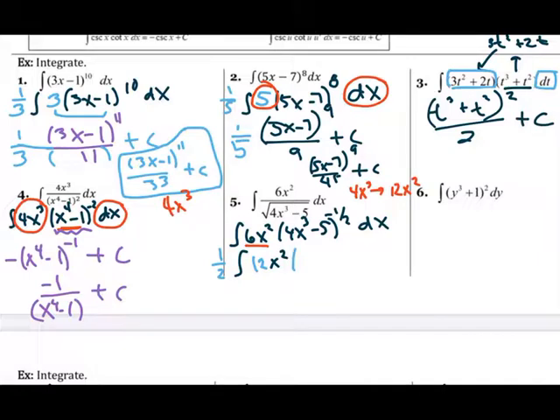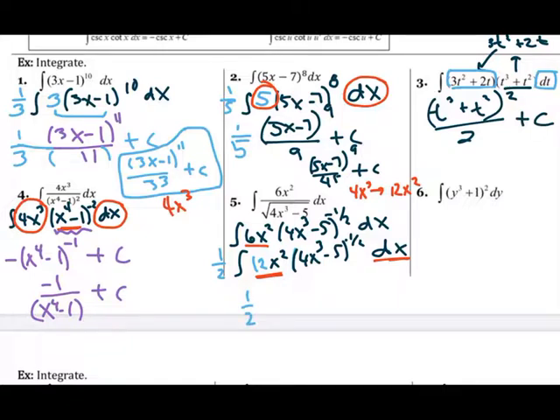Then I'm going to have everything else the same, 4x to the 3rd minus 5 to the negative 1/2 power dx. So now this 12x squared is the derivative of the inside of those parentheses, which means when I integrate it, that inside derivative is going to go away because I'm undoing the chain rule. So what's left? I'm going to have my 1/2.